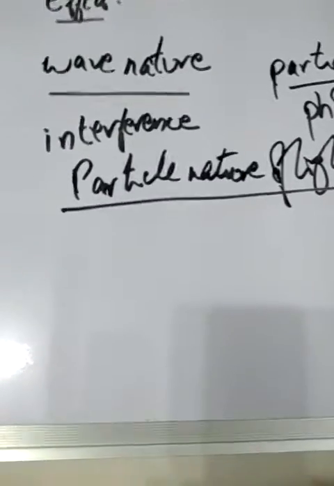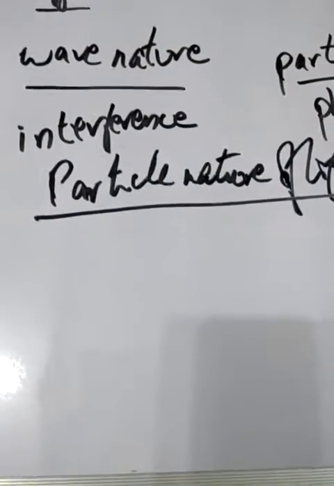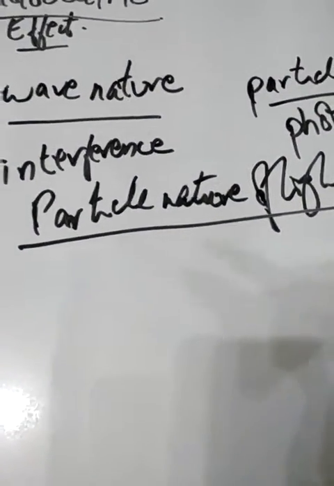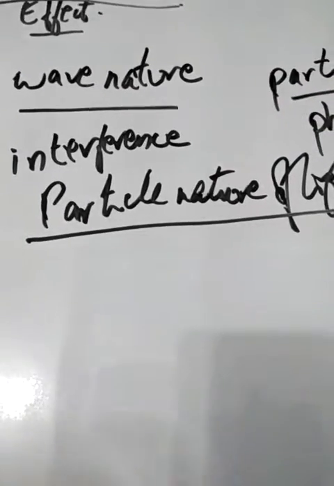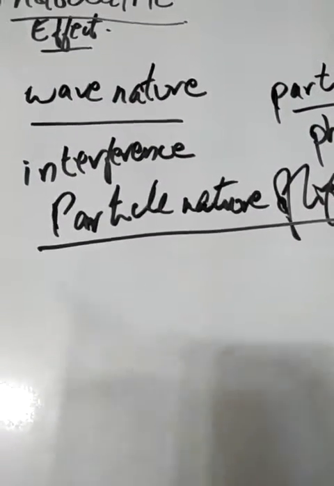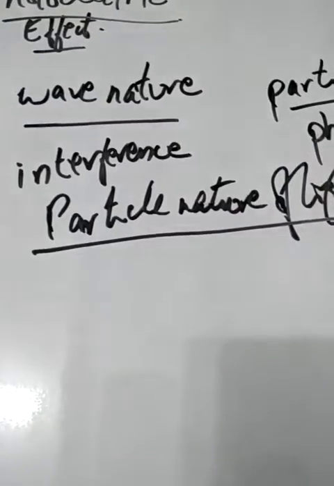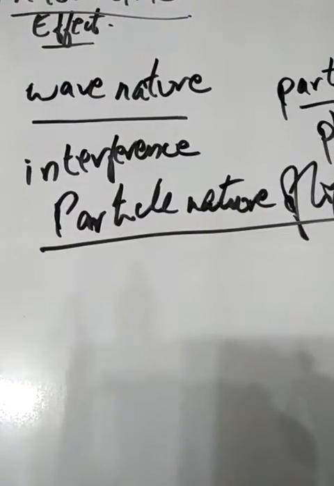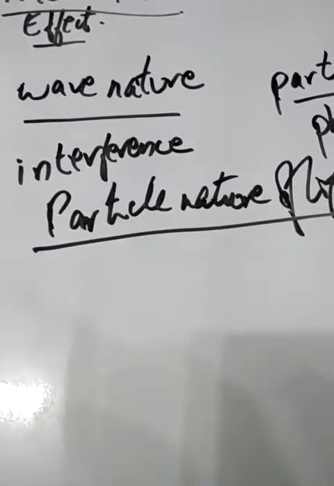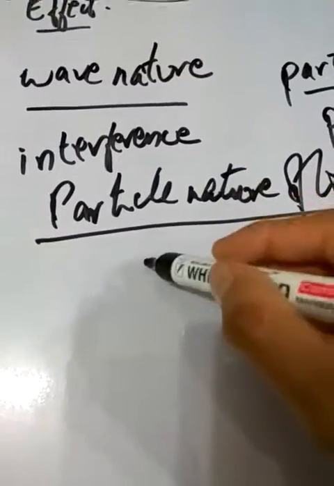So, particle nature of light says that light is made up of numerous particles called photons.